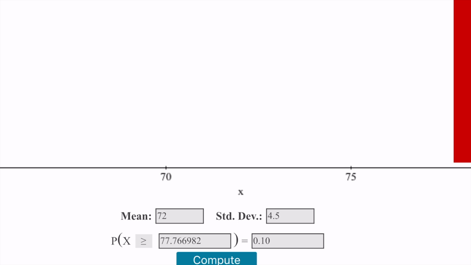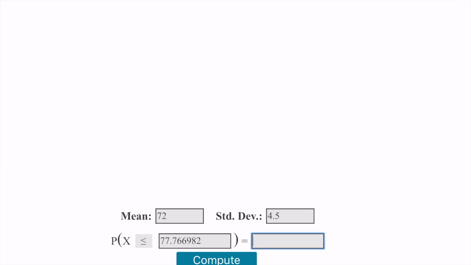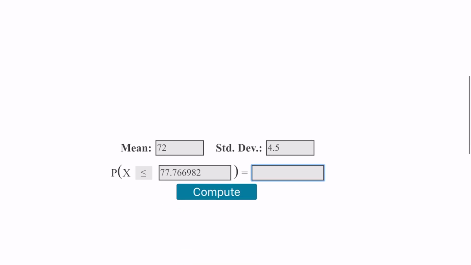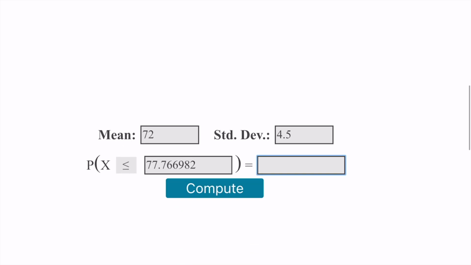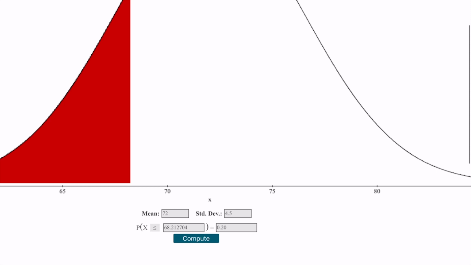But now, instead of going to the right, we are going to the left. And now I'm going to leave my X value alone, but I'm going to delete out my area or probability, and I'm going to replace it with 0.20 because I have 20% to the left. All right, if we click compute, that will give us our answer.